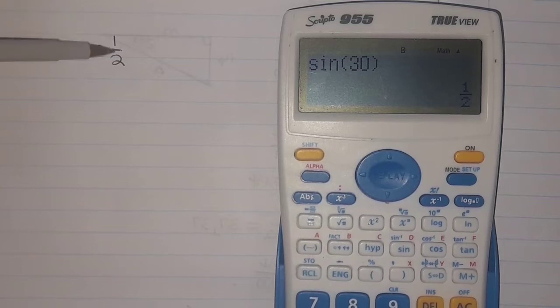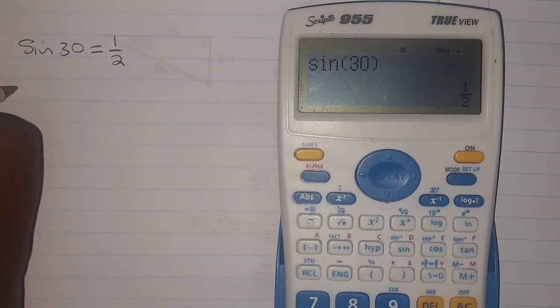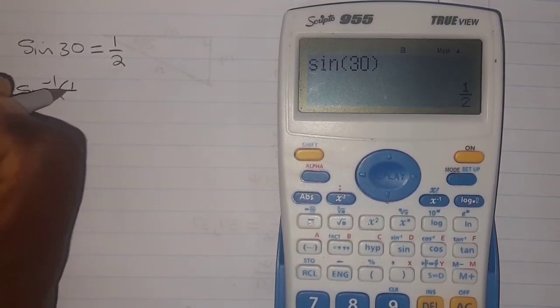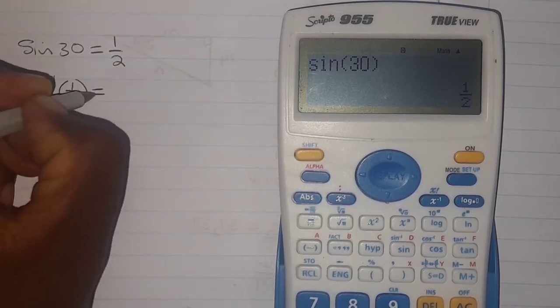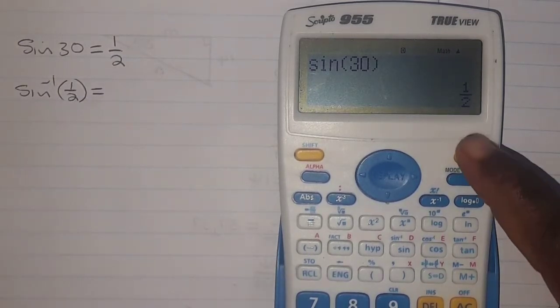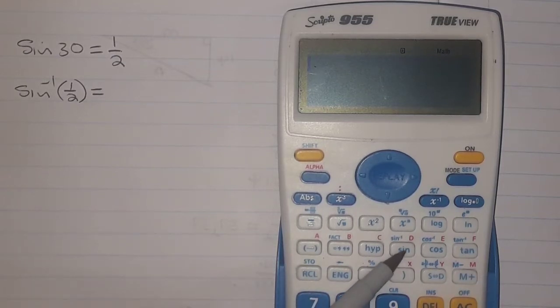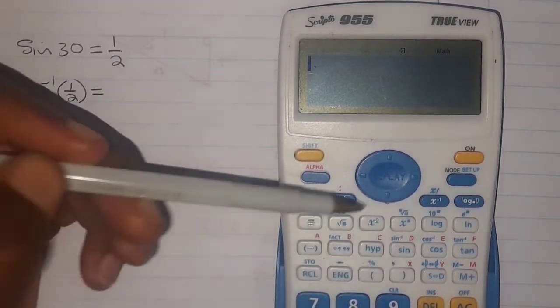Now, if you are given the ratio itself and you are asked to determine the angle, it is a matter of doing the opposite, and we call it the inverse procedure. This is going to be the inverse of sine 1 over 2. On your calculator, this is the first function of sine.